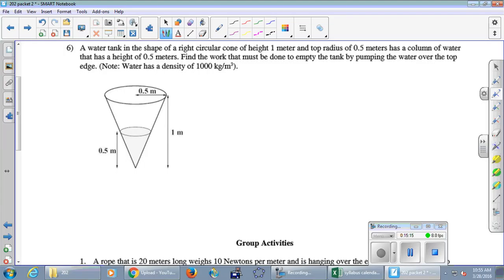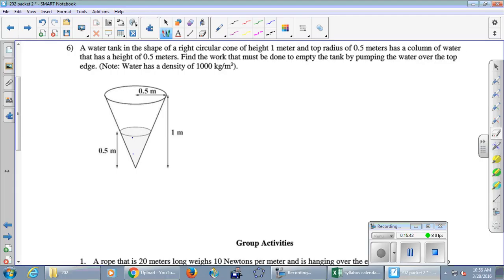Now this one is more complicated. So what we're going to do is slice the water up in such a way that the molecules of water that we grab all have to go the same distance, because we know work is force times distance. And I'm not going to be able to compare the work done for that water molecule with the work done for that water molecule, because the one at the top requires a lot less work to move. So we're slicing up the water here.